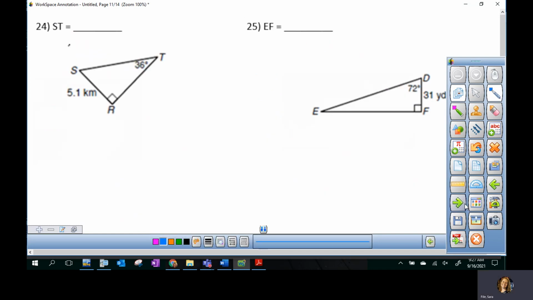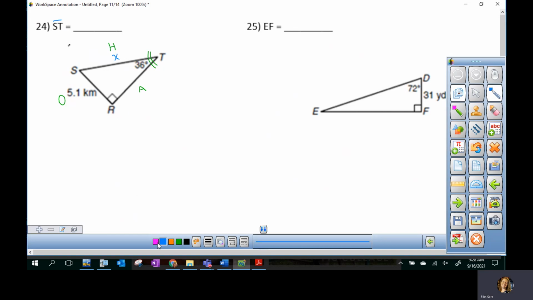All right, now on these, it's a side length that they're looking for. So we're not missing the angle anymore. We're looking for side ST right here. This is what we're missing. I'm going to call it X. From the marked acute angle, 36 degrees, 5.1 is the opposite, and this that we're looking for is the hypotenuse.